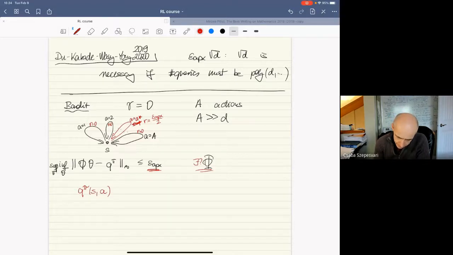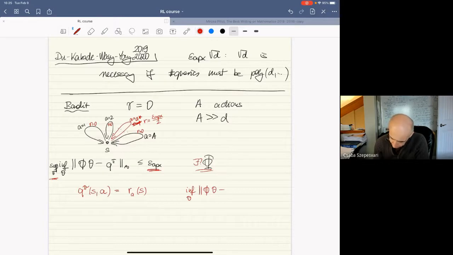So the action value function of any policy is just the value of the reward at that state. So we just need to make sure that the features are such that the reward function can be well represented by the features, right?